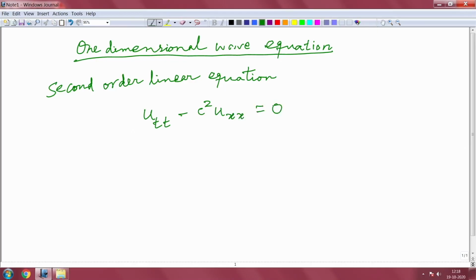This is called the homogeneous wave equation, and c is a positive constant known as the speed of propagation. We will see a little later why it represents speed of propagation.